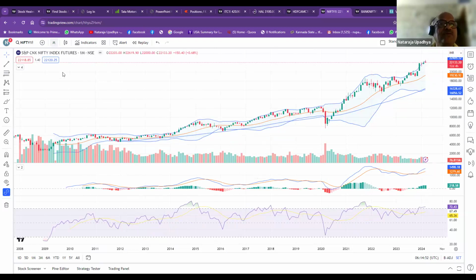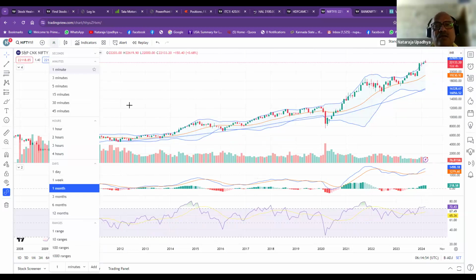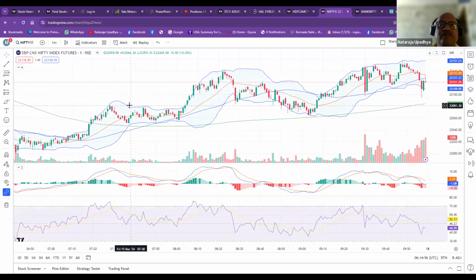Whereas if you are a momentum trader, where you want to make money in short-term moves, you would like even a chart of 1 minute versus 15 minutes.